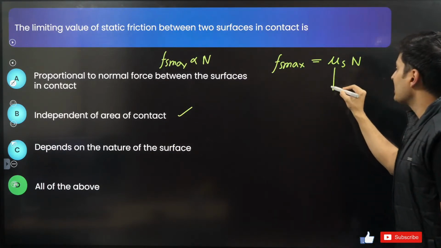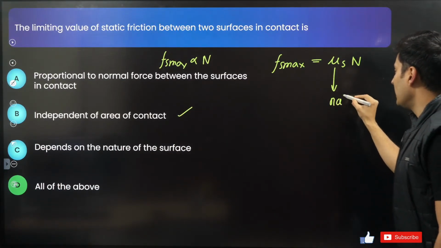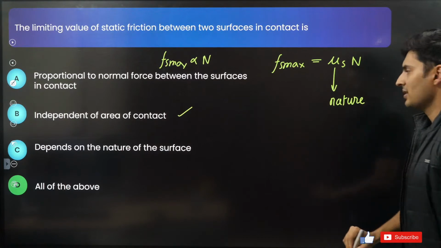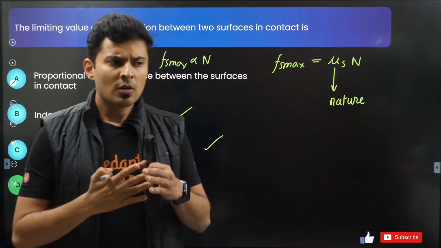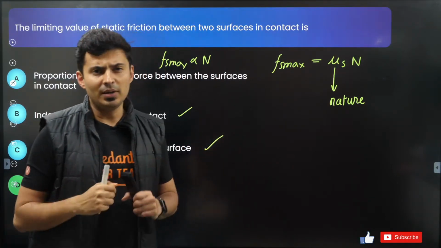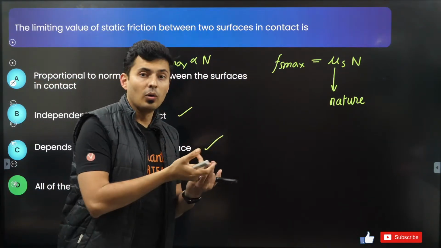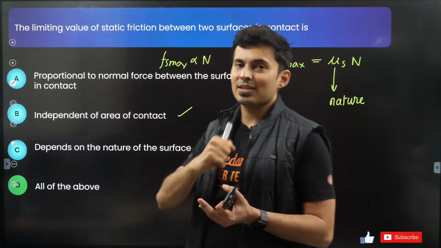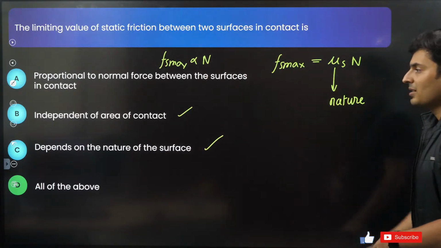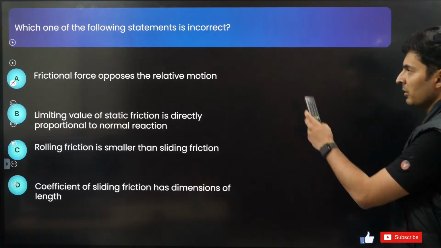You can see this mu is going to be dependent on the nature of the surface, because wood and wood will have different mu, steel and aluminum will have different mu, rubber on the road will have different mu. So it depends on the nature of the surface. That is what mu is dependent on. So hence the answer will be all of the above.